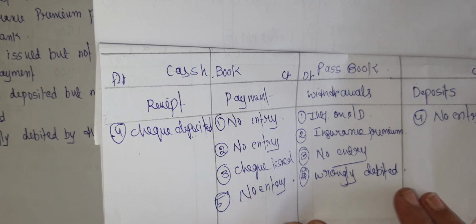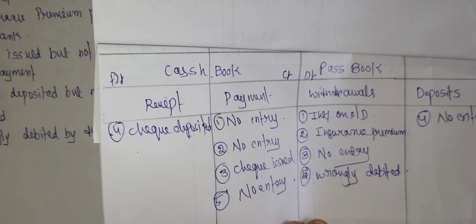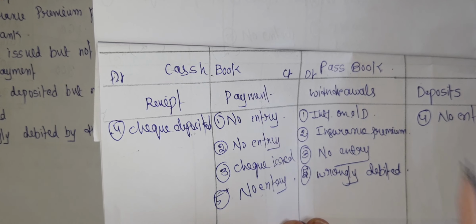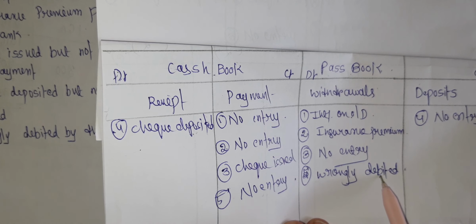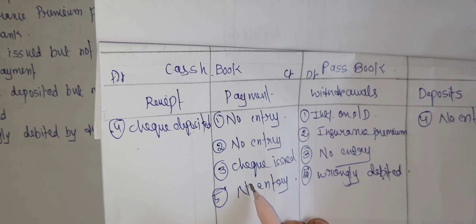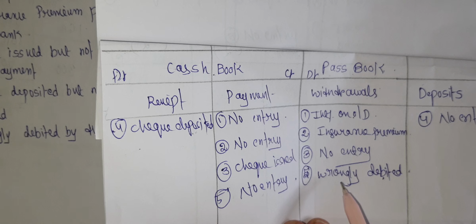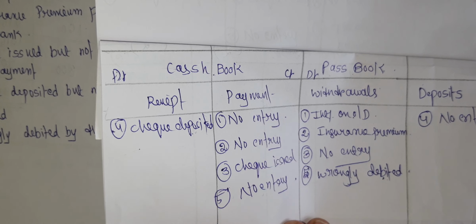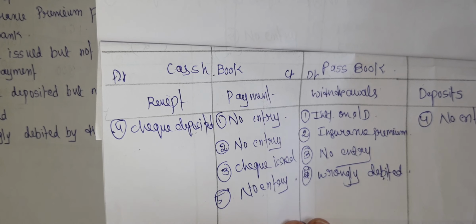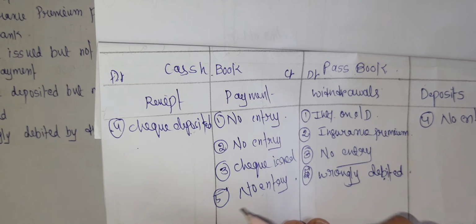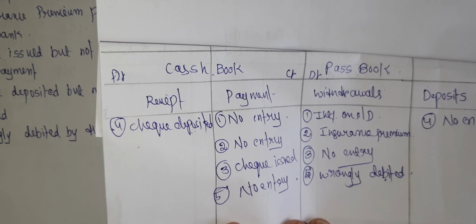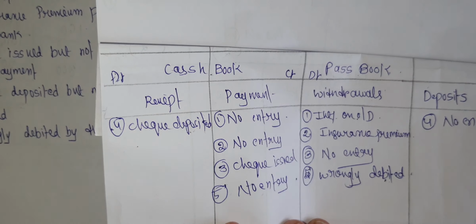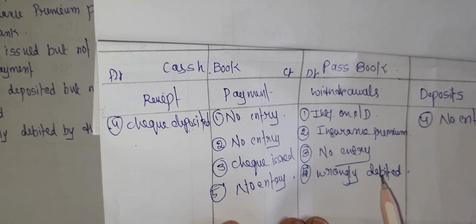Now comparison between cash book and passbook. Here passbook balance is less compared to the cash book because the bank wrongly debited the amount, so the passbook balance is less. But in the cash book they are not at all aware of this transaction, so there is no entry and no change in the cash book balance.